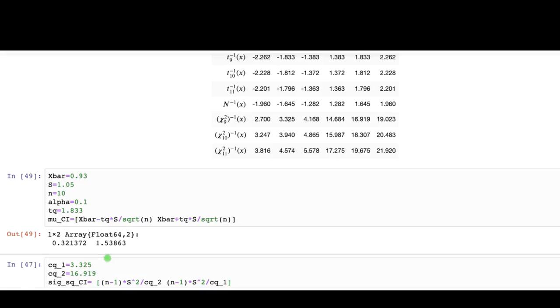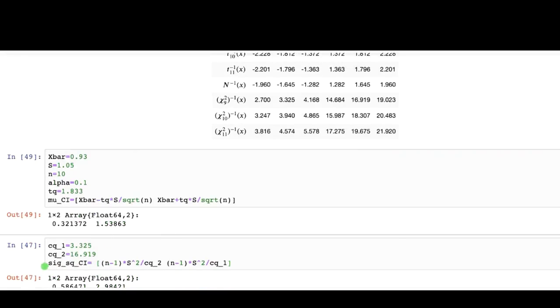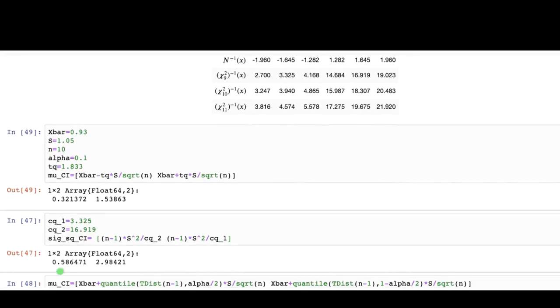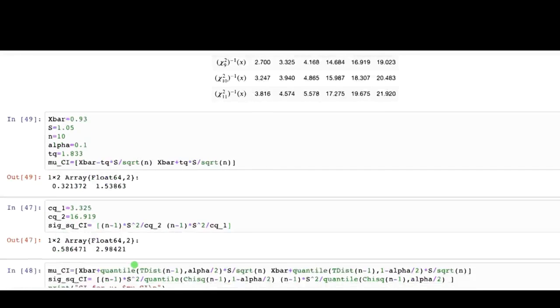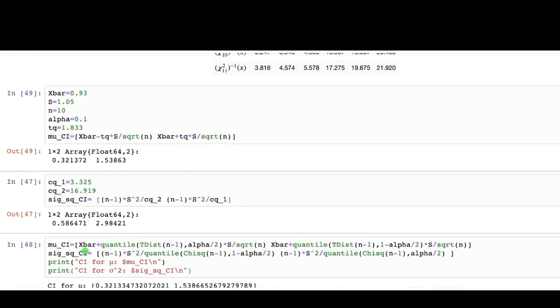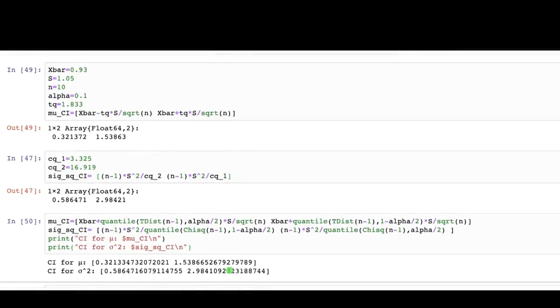And so we define both of those quantiles, and so the confidence interval for the variance is given as n minus 1 times the sample variance divided by the 1 minus alpha over 2 quantile, and on the other side n minus 1 times the sample variance divided by the alpha over 2 quantile, and that's equal to the interval from 0.58 to 2.98. You can also check this by using the built-in quantile functions. In this case, they will give us exactly the same answer.